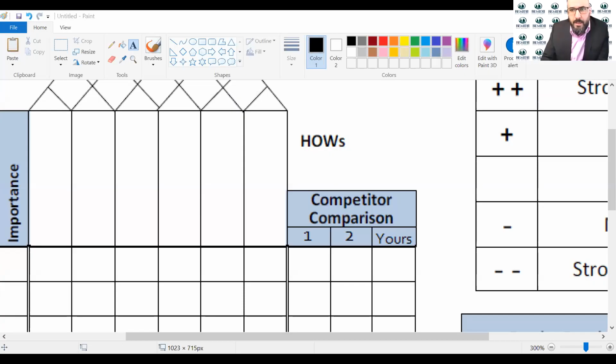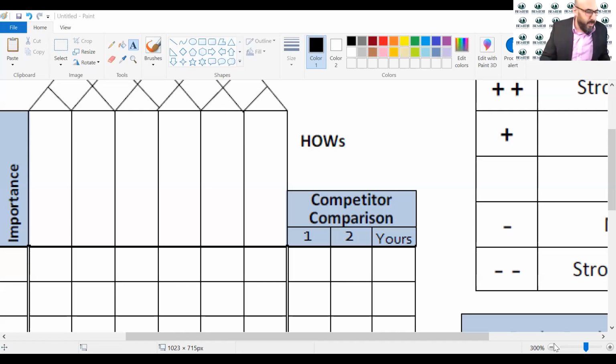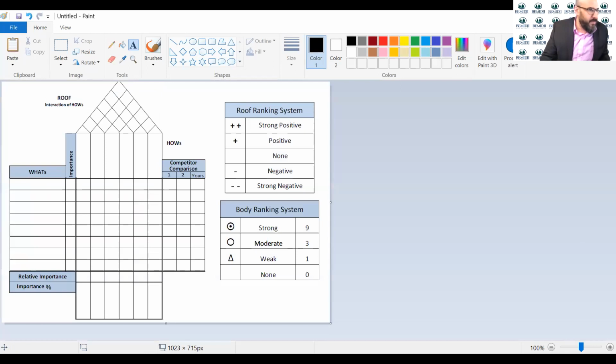There are so many templates that you could use, and one of the templates that I have here is a picture that I took from online, and I put it in Paint. And the reason for that is because I want to use it to demonstrate the QFD for this video.